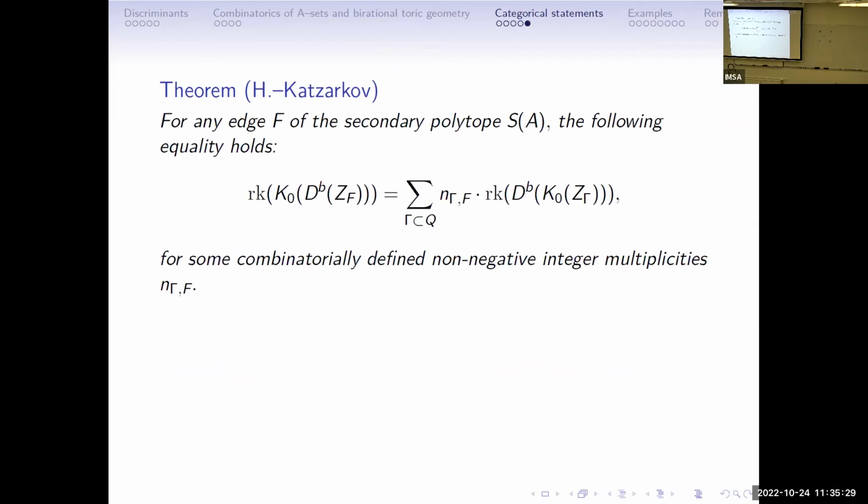We prove that, exactly as we expect, the rank of the Grothendieck group of the base category used for the wall monodromy is a sum, with some coefficients, of the ranks of the corresponding categories for the components of the discriminant locus.